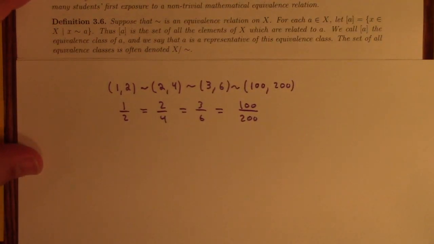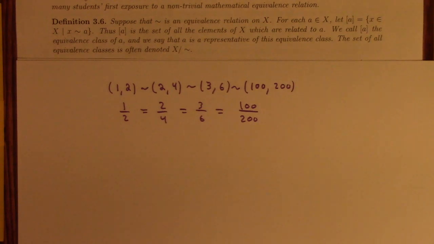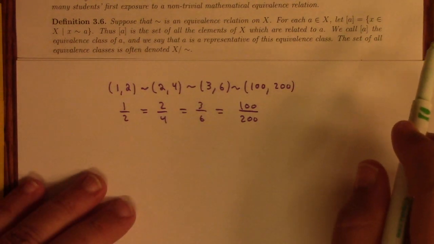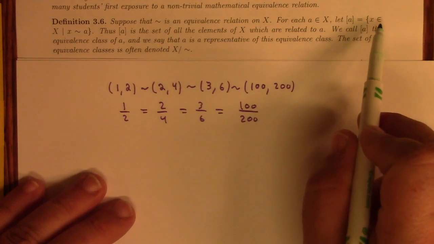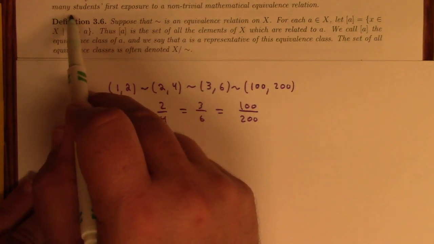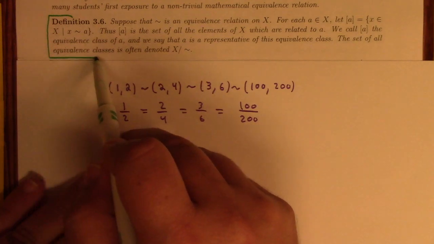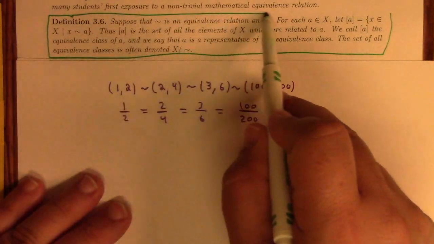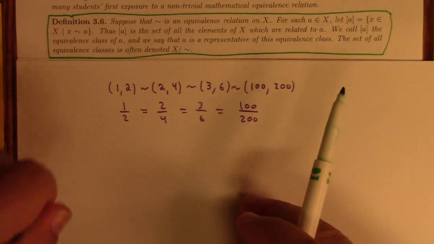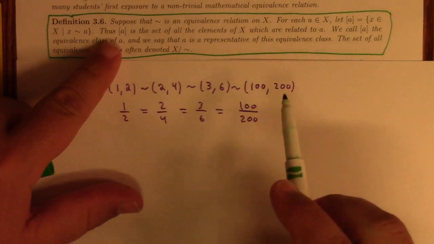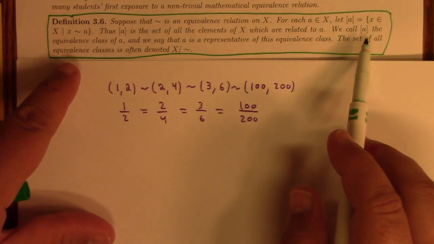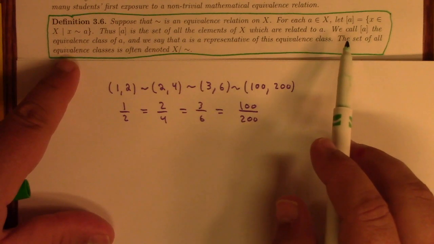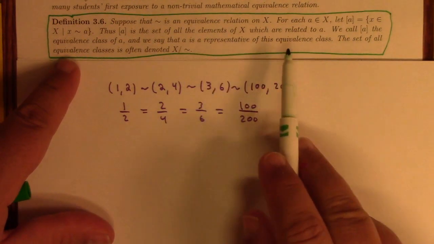So that brings us to a definition here. If we have an equivalence relation on X, then for each A in X, we let bracket A, the set of all points which are related to A, be the equivalence class of A. So bracket A is the set of all elements of X which are related to A. We call bracket A the equivalence class of A, and we say that A is a representative of this equivalence class.